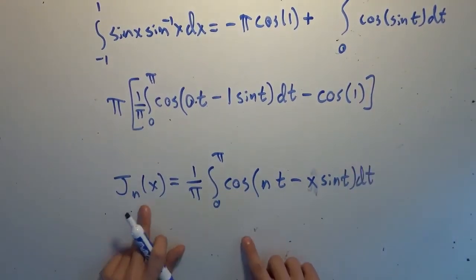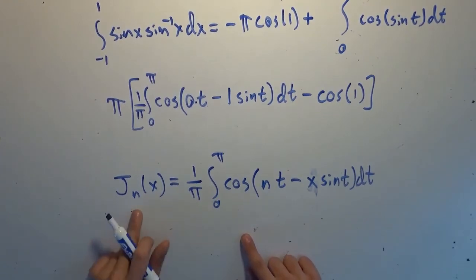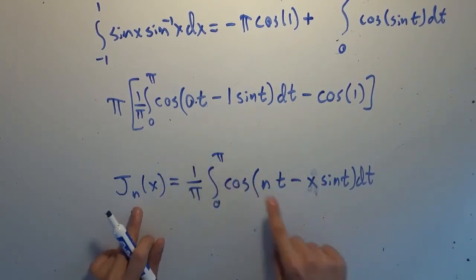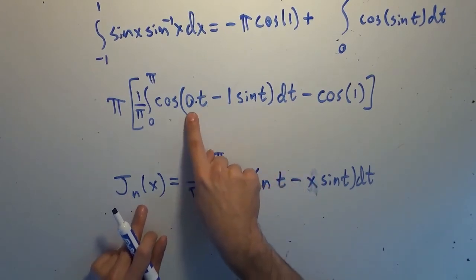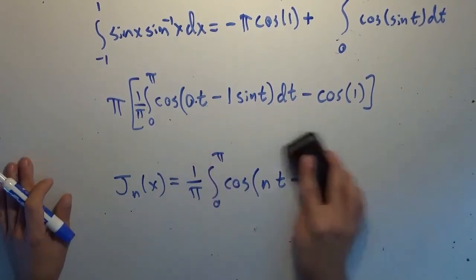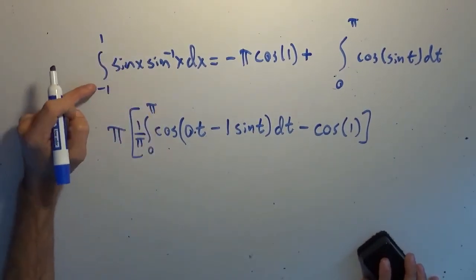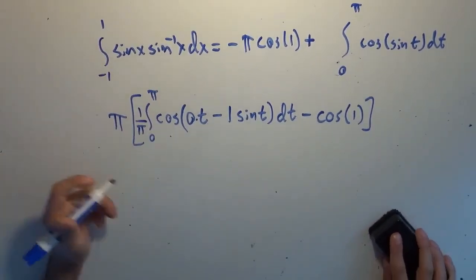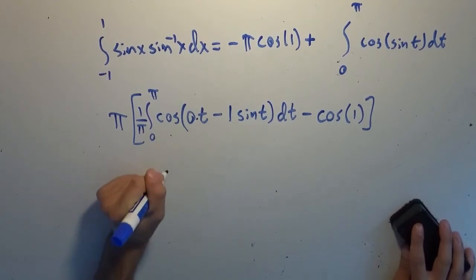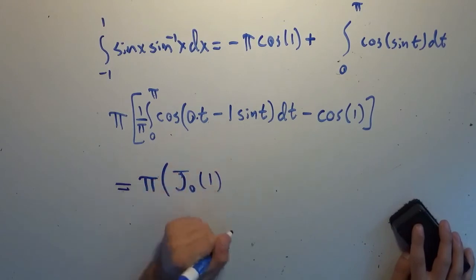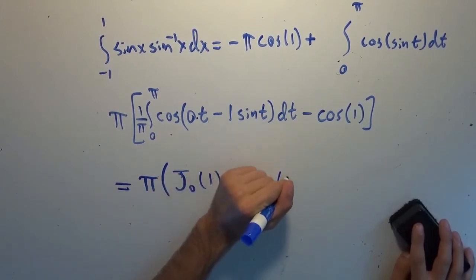But because this is the definition of the Bessel functions of the first kind, or the second kind, I can't really remember which one it is, I think it's first, I can write this in terms of this function here. So this thing here is j sub 0 of 1. So the integral of sine of x times inverse sine of x from negative 1 to 1 is equal to pi times the 0th Bessel function at 1 minus the cosine of 1.